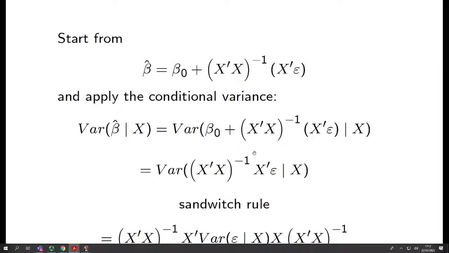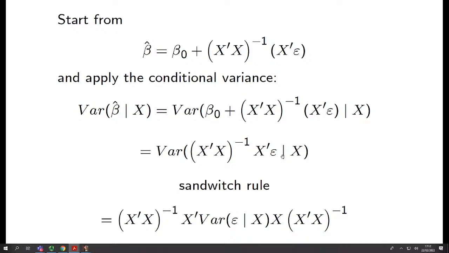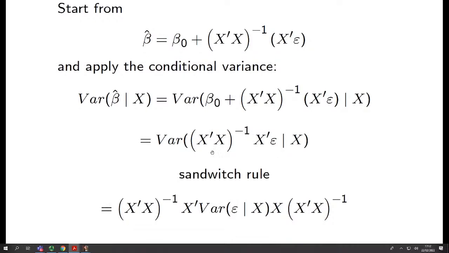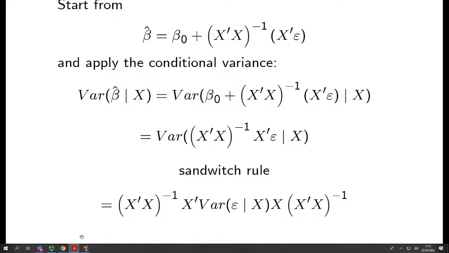Second step, beta 0 is a true value, a deterministic vector, not a random variable, so the variance of a deterministic object doesn't matter. That's why moving from here to here, there will be no beta 0. So I end up with the following expression here. What I have done, which seems very complicated, is a very simple thing.